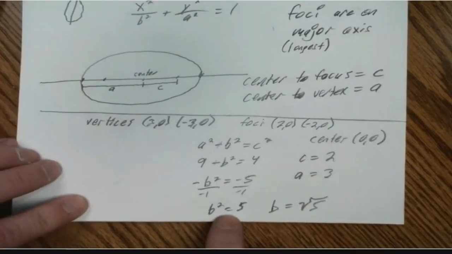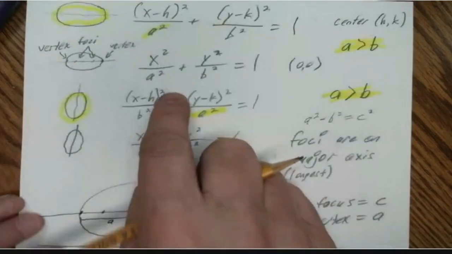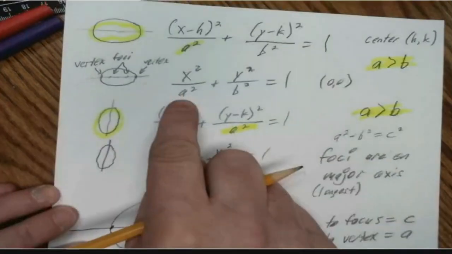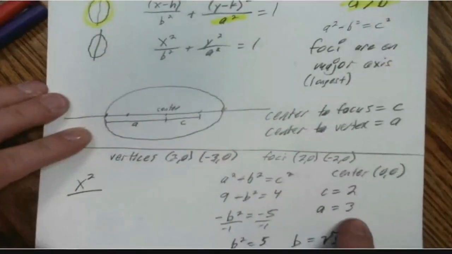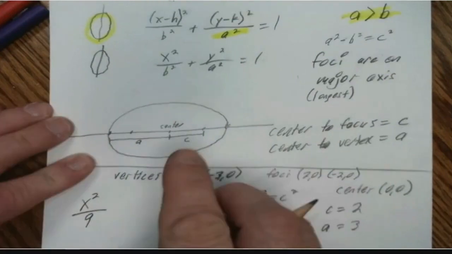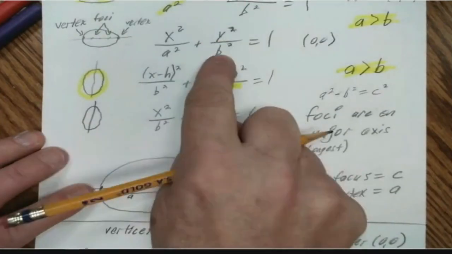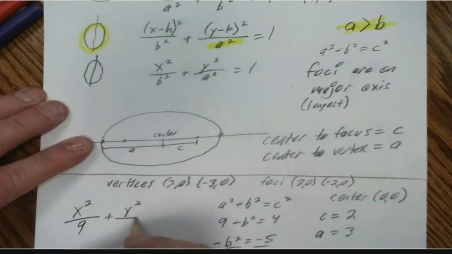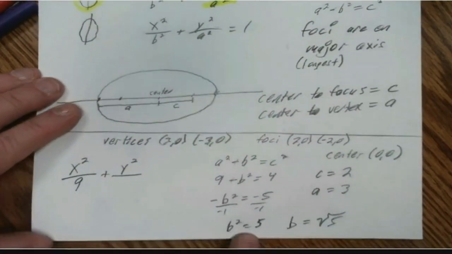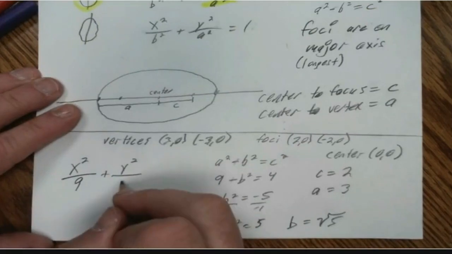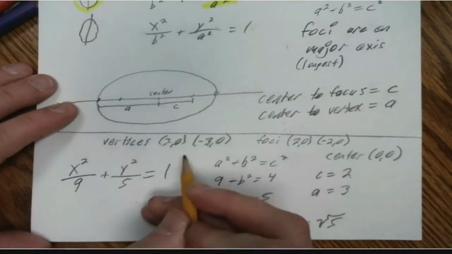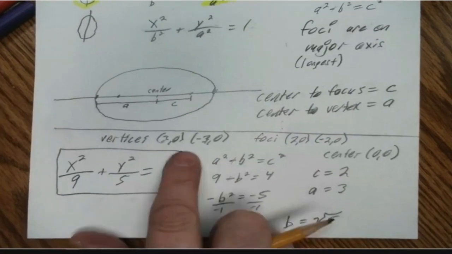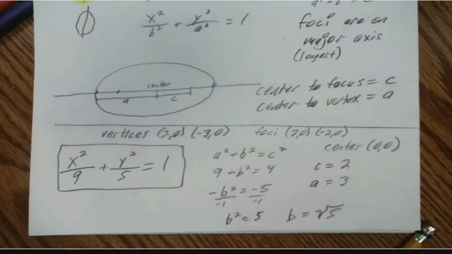So if we're writing our equation, and we know it's going to be like this, x squared over a squared, well, a is 3, so that's 9, plus y squared over b squared, well, b squared is 5. We got that right there. Equals 1. That is the equation of the ellipse that has these foci and vertices.